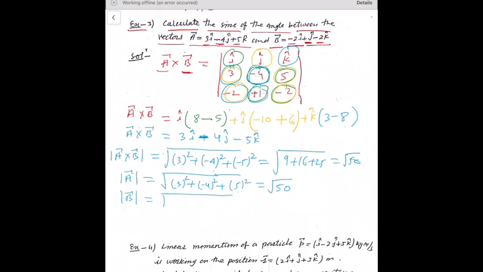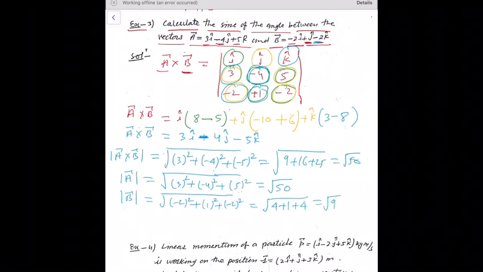Here B vector magnitude: Bx square means minus 2 square plus By square 1 square plus Bz square minus 2 square. So 4 plus 1 plus 4 is equal to root 9 is equal to 3.